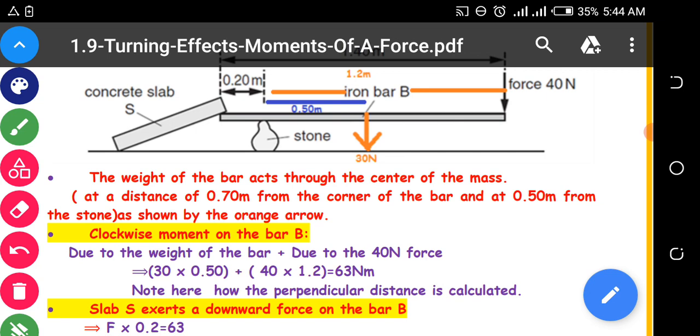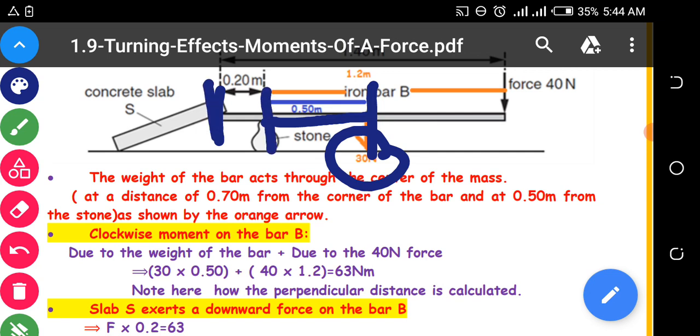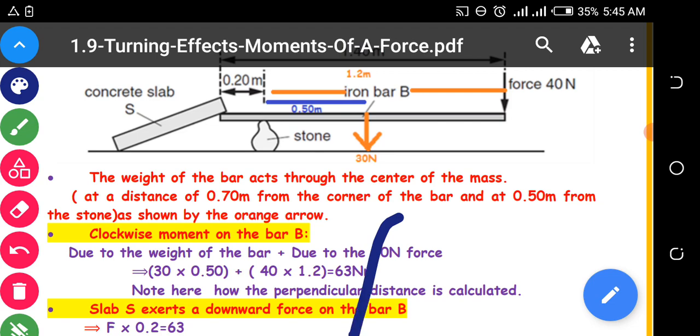So the moment of the 30 Newton force will be the magnitude of the force, which is 30 newtons, multiplied by its distance from the pivot. Now, from the center to the end, we have 0.7. From the pivot to the end, we have 0.2. So from the pivot to the center, we have 0.7 minus 0.2, which is that 0.5 meters that we can see there.